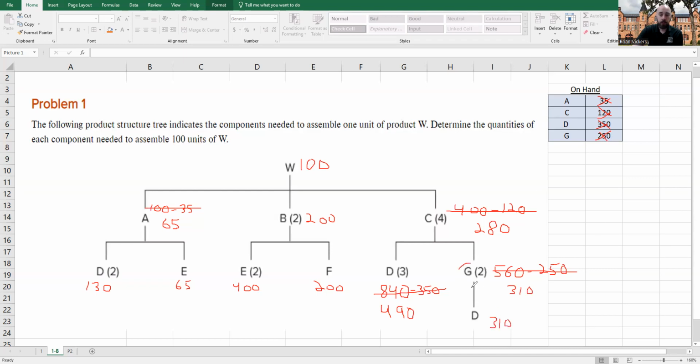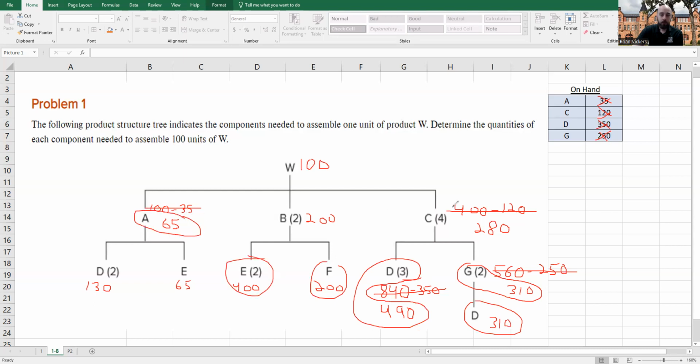And you can see this goes to here, this goes to here. That's all part of that. All the numbers that are scratched out, we don't need at all.